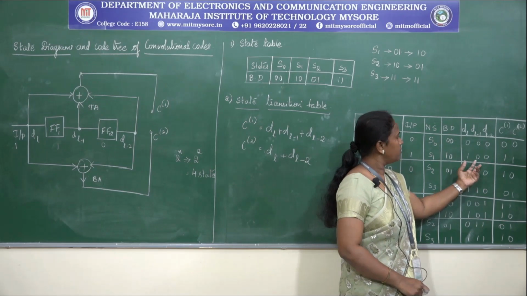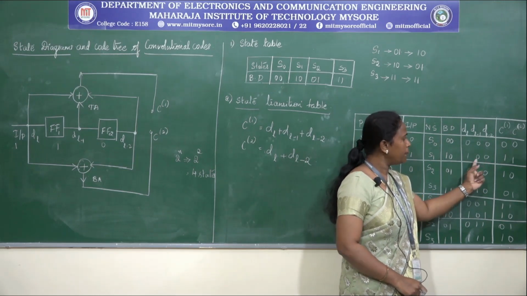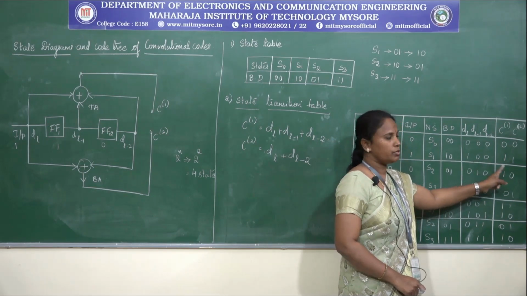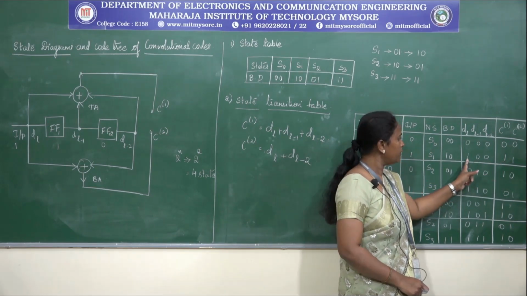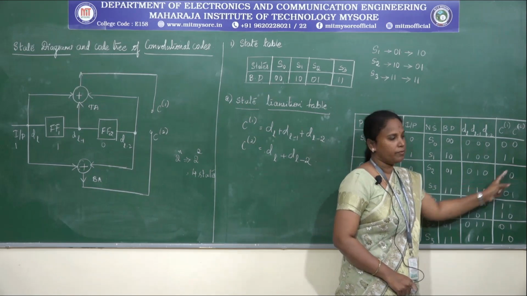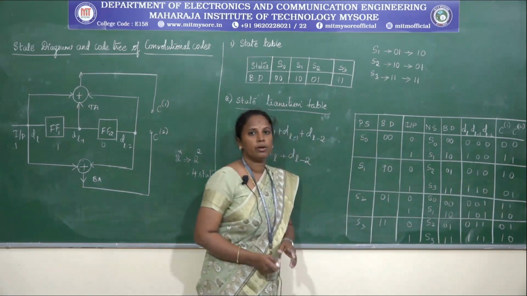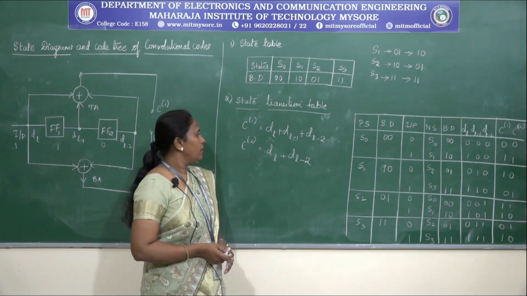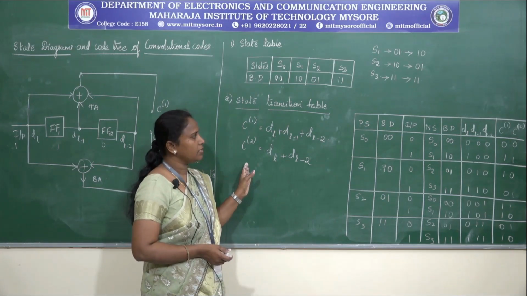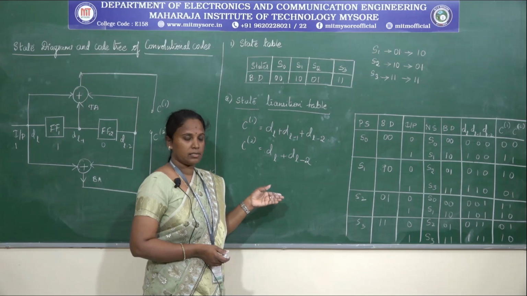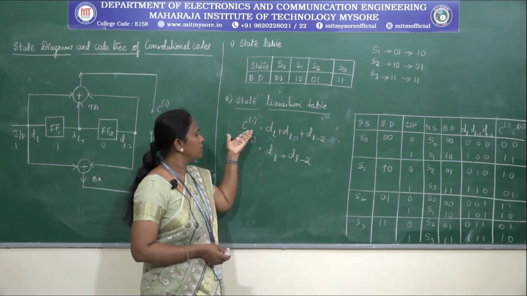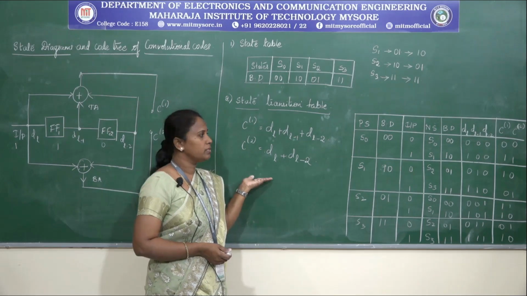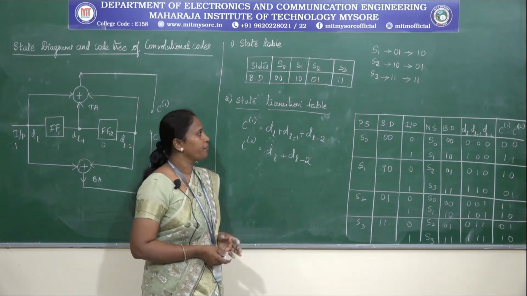Now if you add these three, 1 XOR 0 XOR 0 is 1. Similarly, 1 XOR 0 is also 1. This is how you complete the whole state transition table by considering the present state, the next state, as well as the conditions for calculating the output, that is C1 and C2.